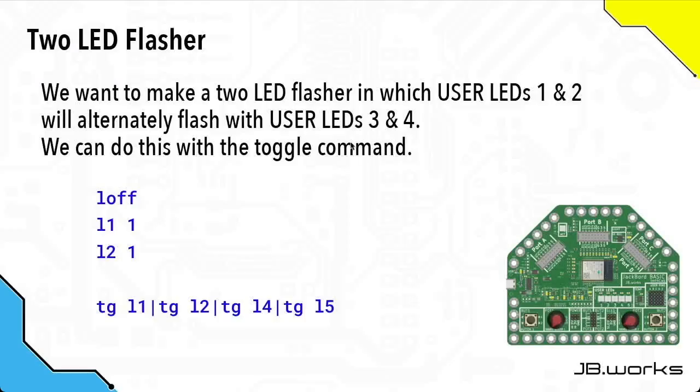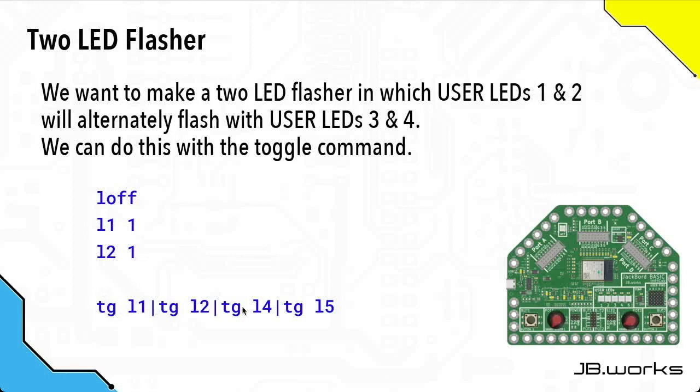So as a further example, I want to make a 2 LED flasher, and what that means is I want user LEDs 1 and 2 to be on, or user LEDs 3 and 4 to be on. And we're going to do this using the toggle command. So the first thing we're going to do is turn all of the LEDs off. Then we're going to set up our system by turning user LED 1 on and user LED 2 on.